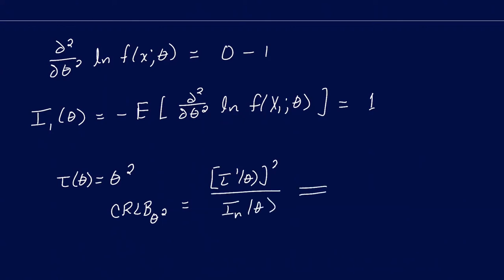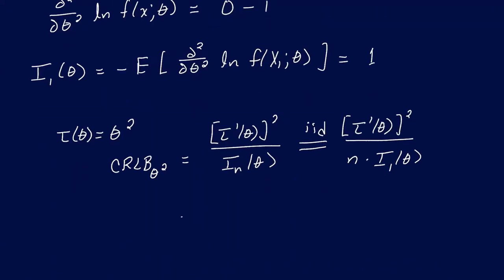In the IID case, the n-dimensional Fisher information can be simplified into n times the one-dimensional Fisher information, which we just found. The derivative of theta squared with respect to theta is 2 theta, and then that all gets squared. And then n times 1 down here. So we get 4 theta squared over n.